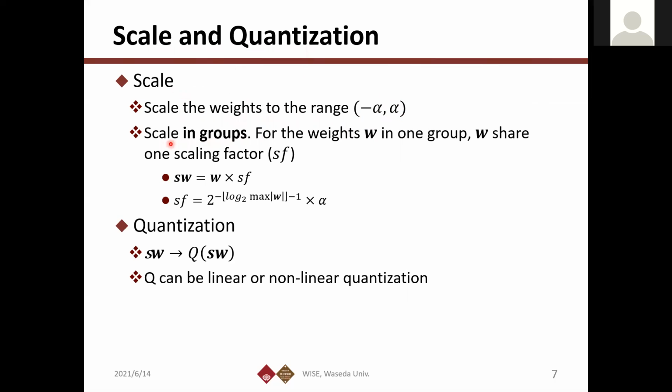This scaling is performed in groups, which means that all the weights W in one group share one scaling factor, and this scaling factor is just a scalar. So we can generate the scaled weights like here.